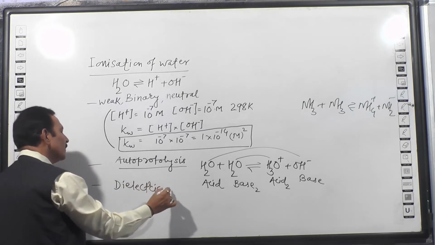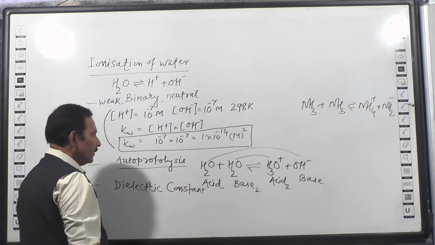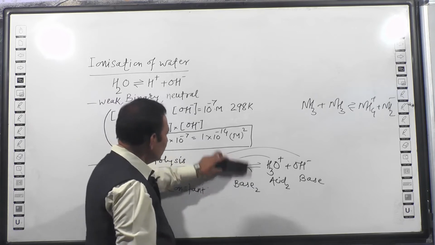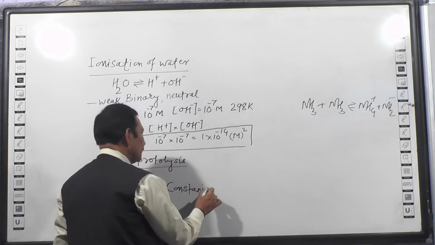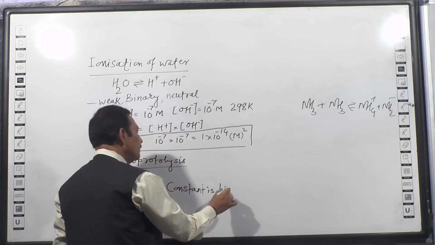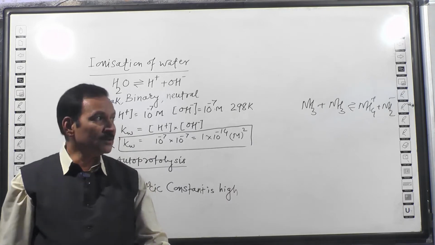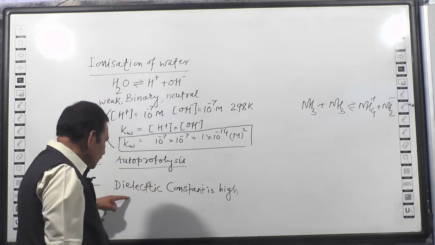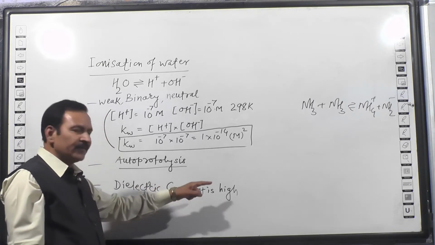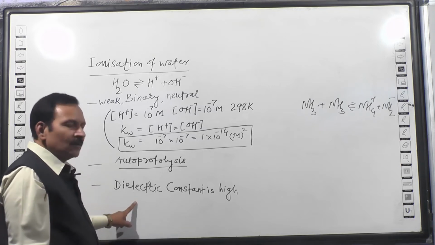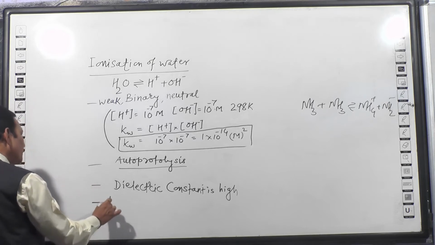Water is called universal solvent because its dielectric constant is high. So this point is to be remembered. The solvent is said to be a good solvent if its dielectric constant has a high value. So amongst all other solvents, the dielectric constant of water is high, and therefore it is called by the name universal solvent.